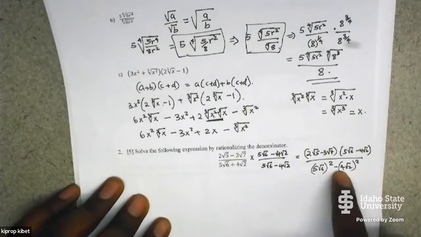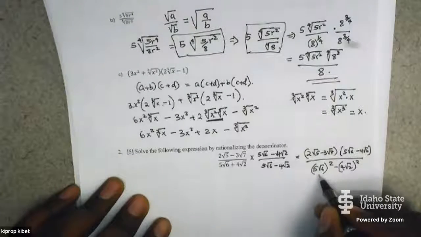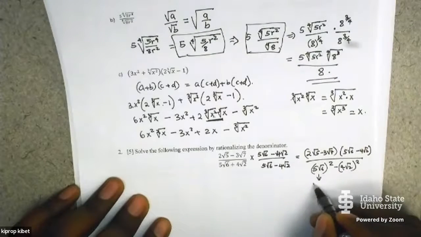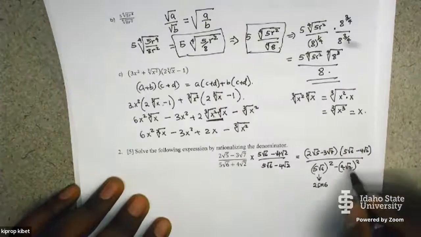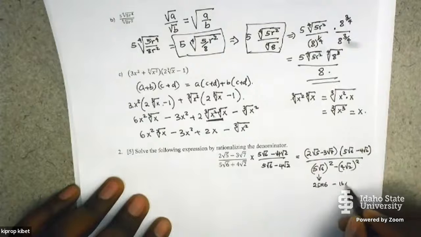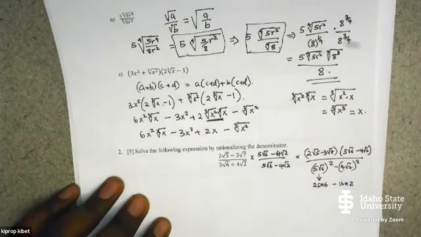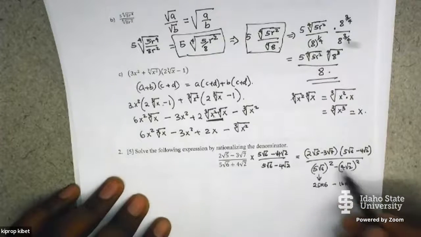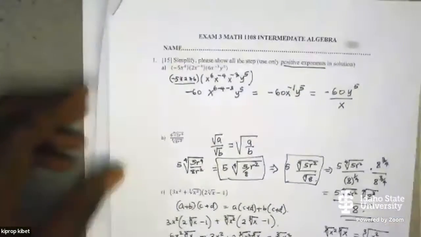So this is 25 multiplied by 6, right? The square here is minus 16 multiplied by 2. So 150 minus 32 is 118. So basically, this all over 150. That was the answer.